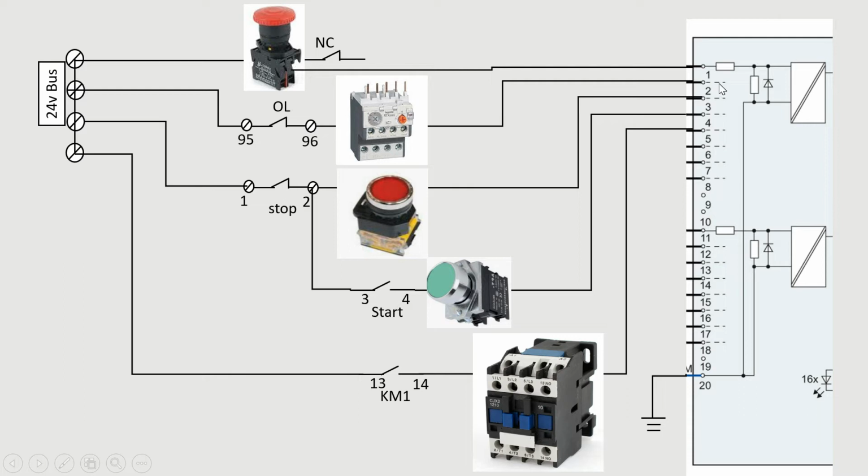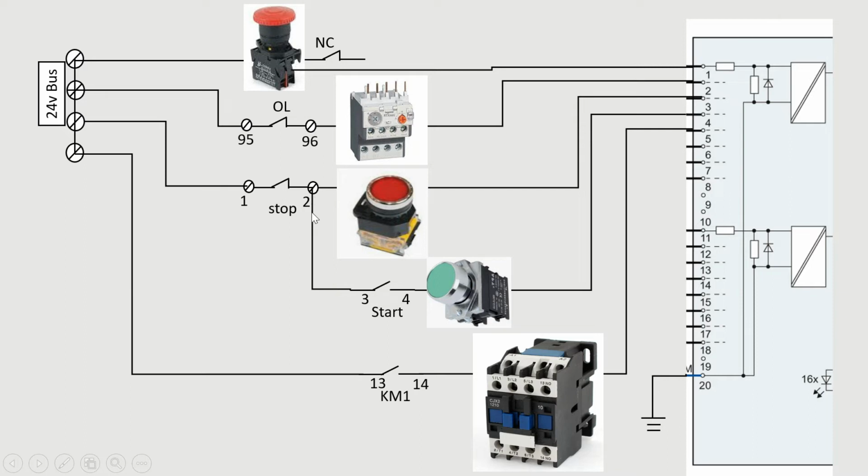This is I0.1, and terminal 3 will be channel 2. This is channel 2 and this is I0.2, from the stop switch, and here is the start switch. We can take the 24 volt from the 24 volt bus or after this stop signal.